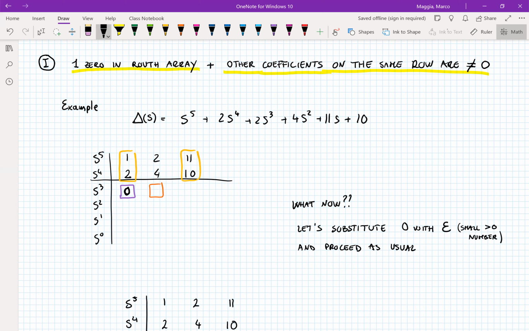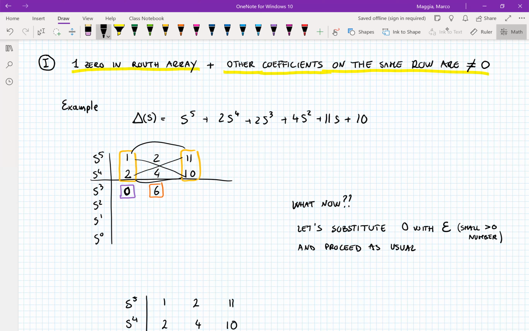So we have 2 times 11 minus 1 times 10 divided by 2. And so we have 22 minus 10, 12 divided by 2, 6. All right, so we have a non-zero element in the same row. So we are in case number 1.